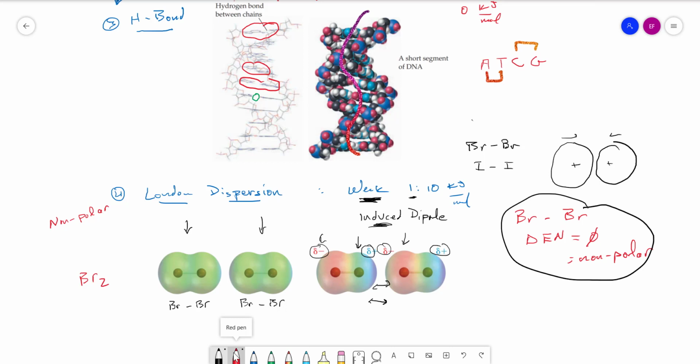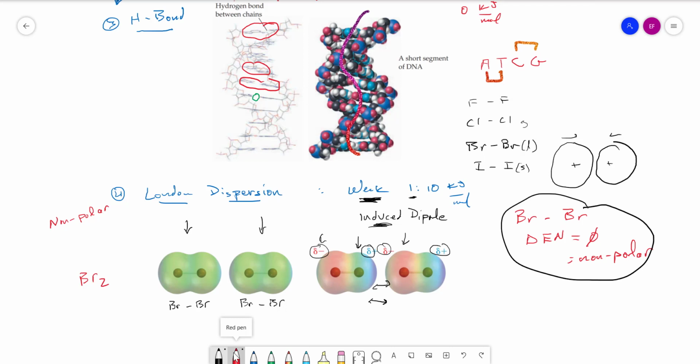And so if we have the whole series of halogens, we have fluorine, chlorine, bromine, and iodine. Iodine is going to be a lot easier to induce a dipole, which means iodine at room temperature is a solid, which is kind of crazy to think about. Bromine's a liquid.